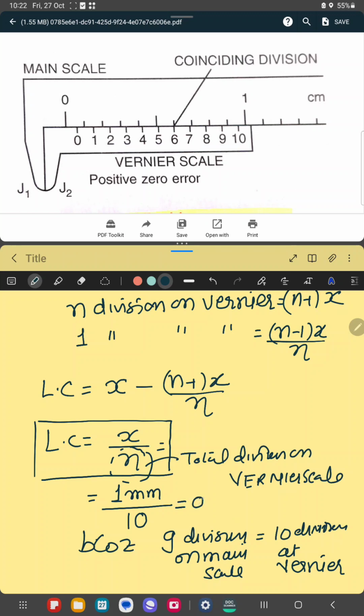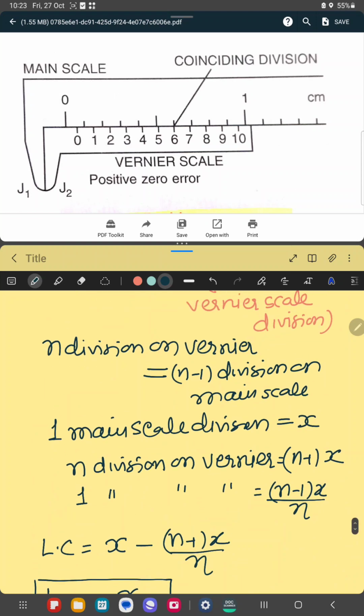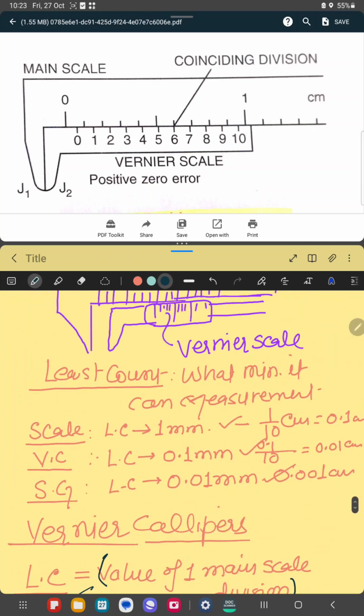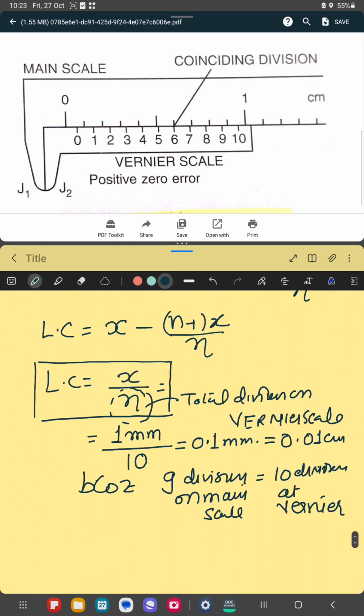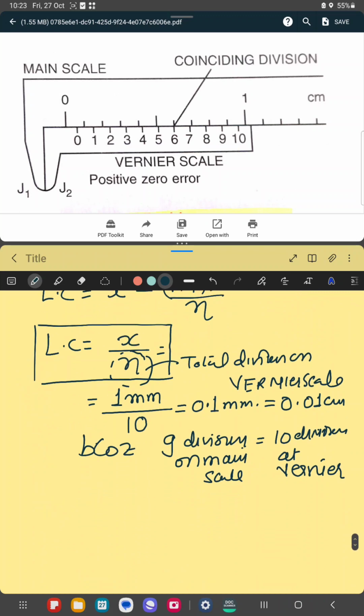Once we divide, you will get 0.1 mm, or 0.01 centimeter. This is the least count, which we have already seen. I already told you that for Vernier calipers the least count is 0.1 mm or 0.01 centimeter. By this way we can calculate the least count.